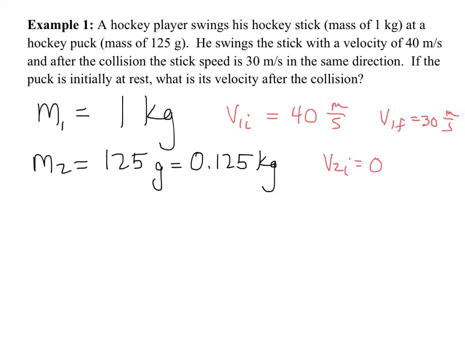What are we trying to find? Yeah, the puck after the collision. So V2F is the question mark. Let's pause here. If we look at this, and we look at the momentum beforehand, we could use that equation that we wrote down. This was the one that we had for two objects.